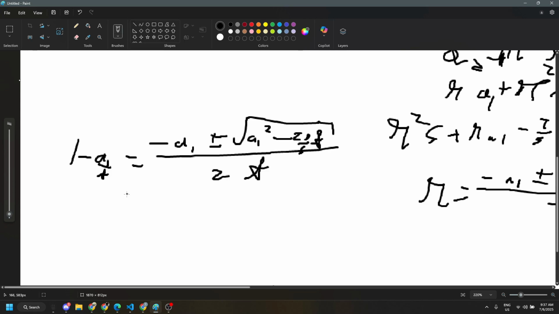Let's multiply both sides by S. So now we have S minus A1 equals 1/2 of that. We'll multiply both sides by 2 too. So 2S minus 2A1.